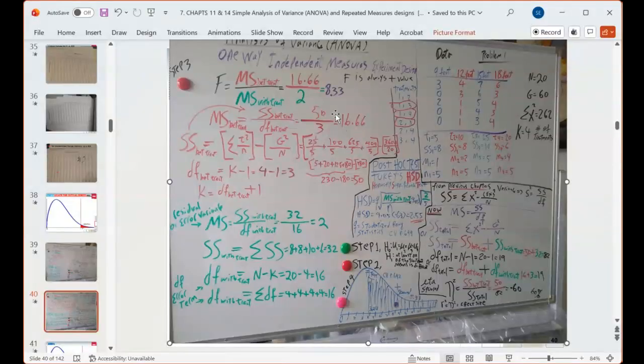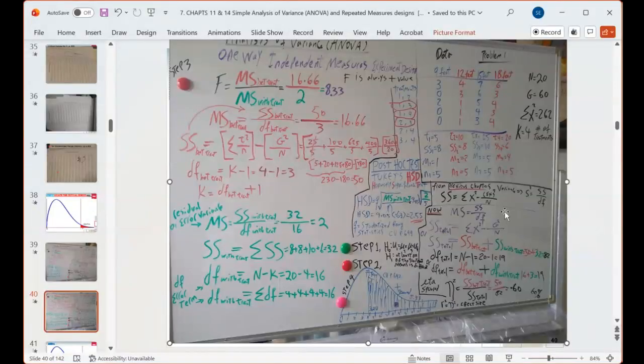We're going to find out in step 4 if that value, 8.33, is greater than 3.24. Yes, it is. And you can see that blue dot right there inside the rejection zone. And that tells us our decision is to reject the null.